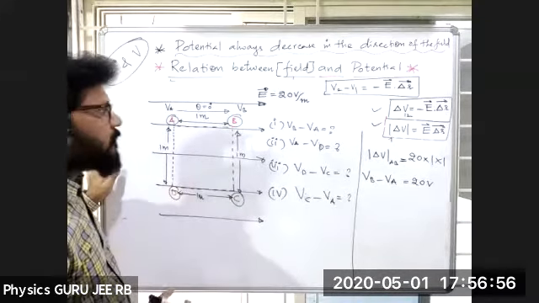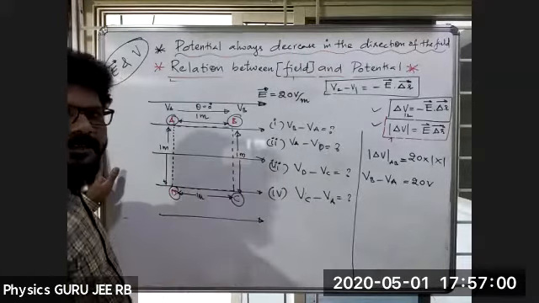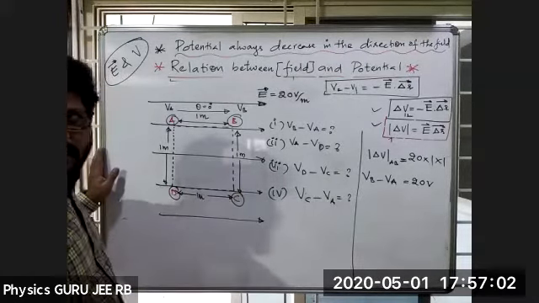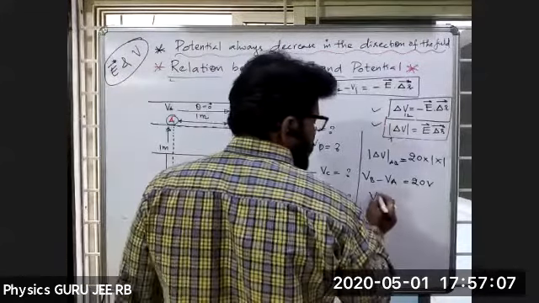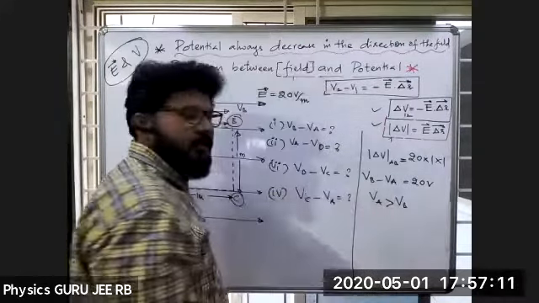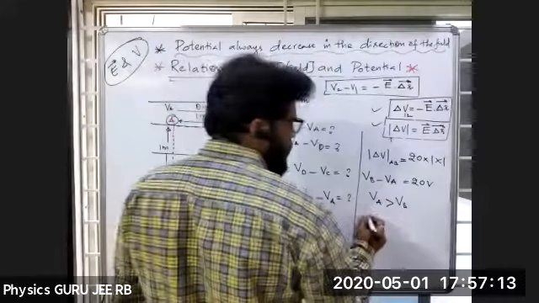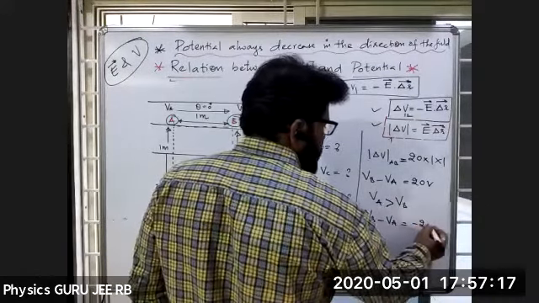Which is greater? VA should be greater than VB. So VB minus VA equal to 20 is not possible. It may be VB minus VA is minus 20 because VA is greater than VB. So the answer will be VB minus VA equals minus 20 volts.